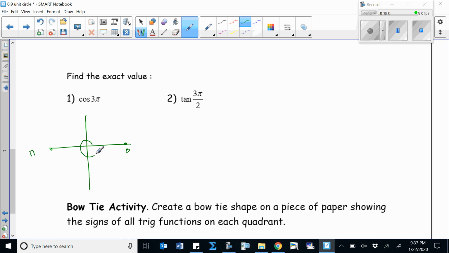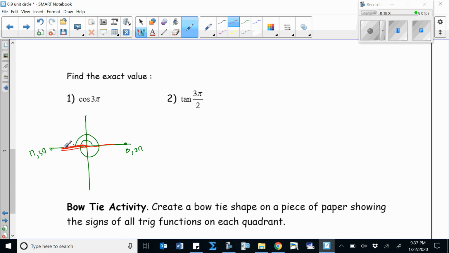Then if I continue to make the whole circle, I'm going to reach 2 pi radian. But I need 3 pi, so I'm going to go another half and reach this point. This will be 3 pi. So my angle is actually this, starts from here and ends at this point.